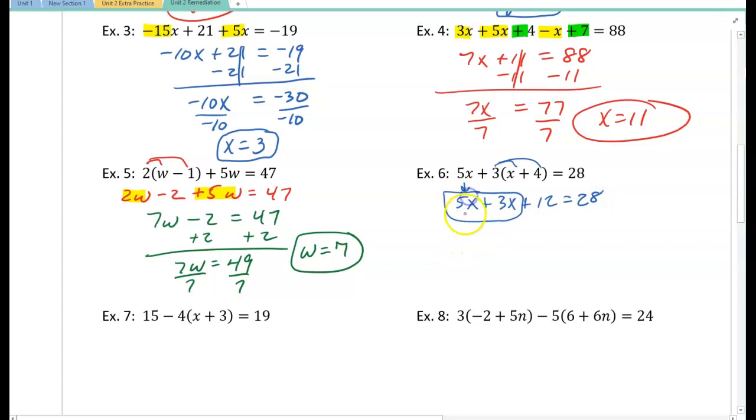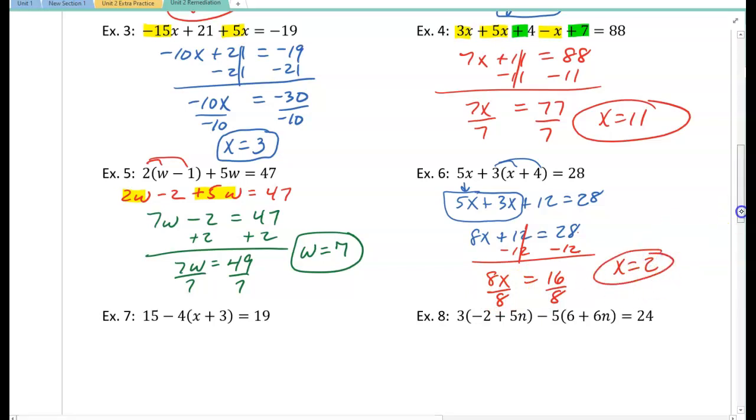Then I look, I can combine these like terms. 8x plus 12 equals 28. Now I'm down to my two-step equation. Get rid of the 12 by subtracting. 8x equals 28 minus 12, which is 16. And now, when I divide by 8, x is equal to 2.